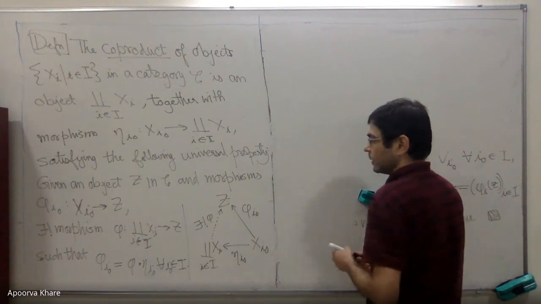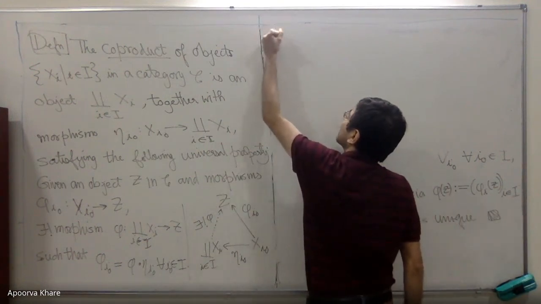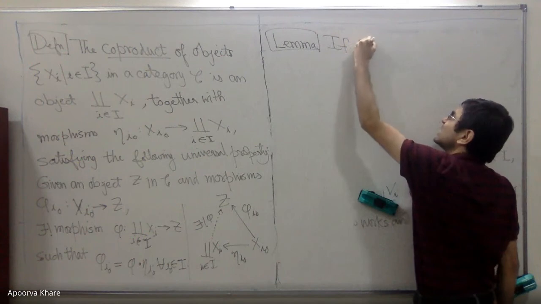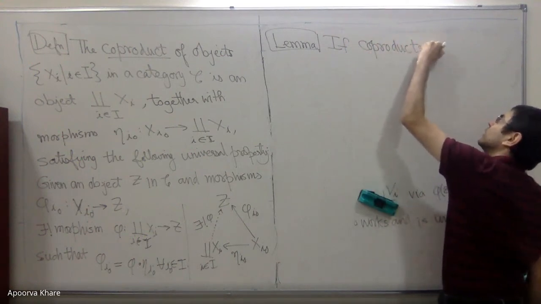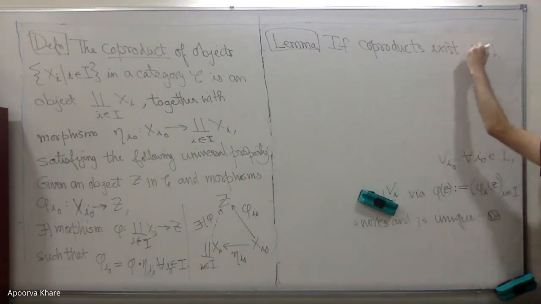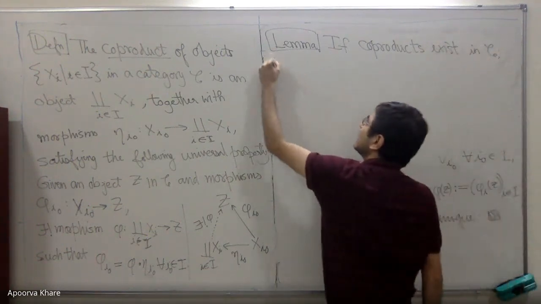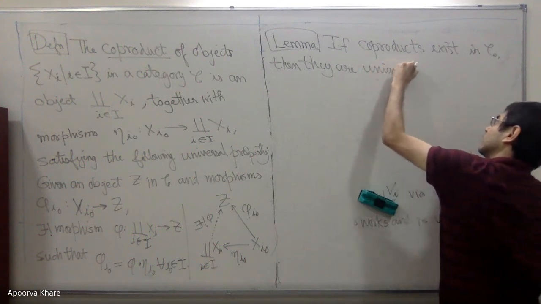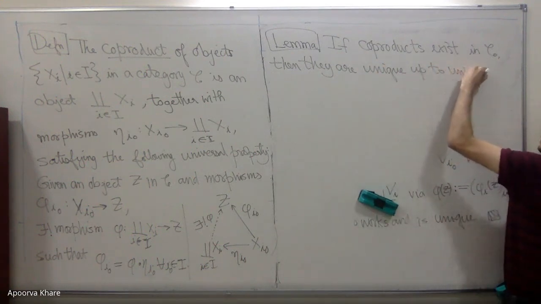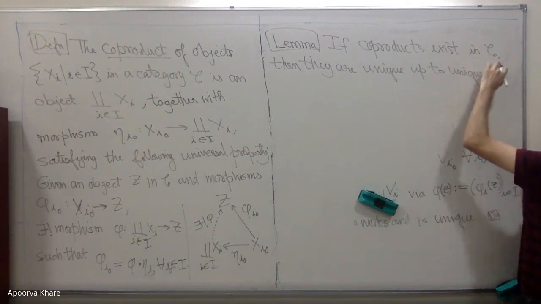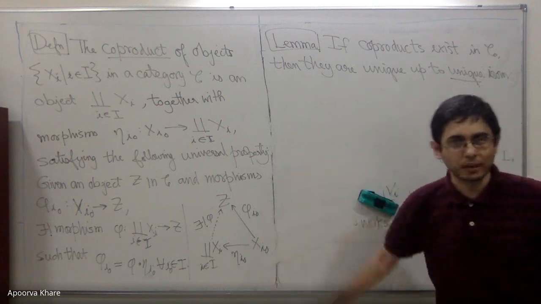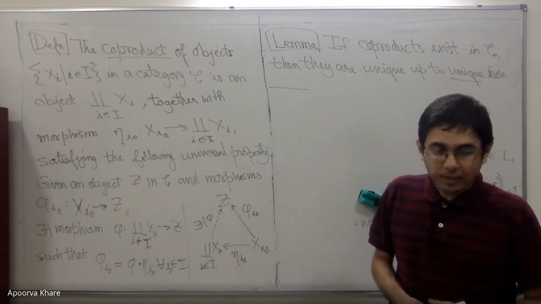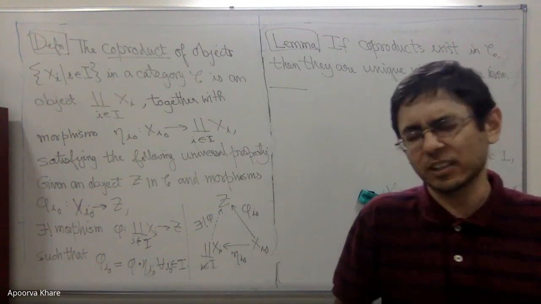So, remark or fact, lemma without proof: if the coproducts exist in C, an arbitrary category, then they are unique up to unique isomorphism. And when I say unique, I mean unique making these diagrams commute. The question is of existence, and they need not exist in every category. But in the categories we care about, sets and vector spaces, they do exist.